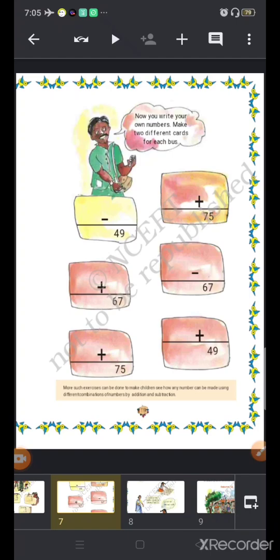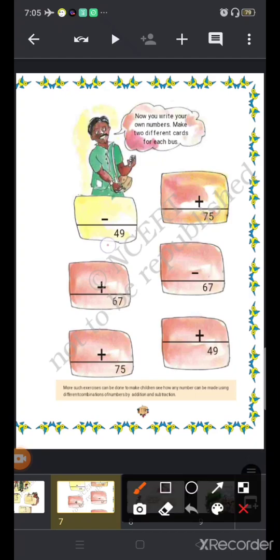So how will you write your own numbers? Like the first one is 49. So for 49, which number can you write? It is your choice. You can write any number, but the addition or the subtraction of these numbers must match the answer.